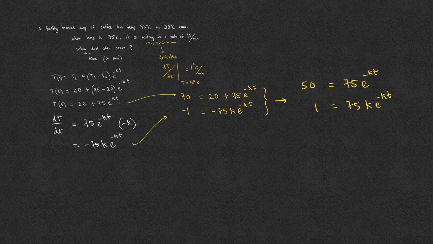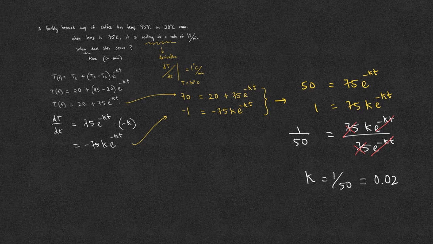With any exponential model, we set up the ratio: 1 over 50 equals 75k e to the negative kt over 75 e to the negative kt. The reason we put the second equation on top is because of the extra factor k. And so e to the negative kt cancels out, 75 cancels 75, and we end up with k equals 1 over 50, and so k is 0.02.